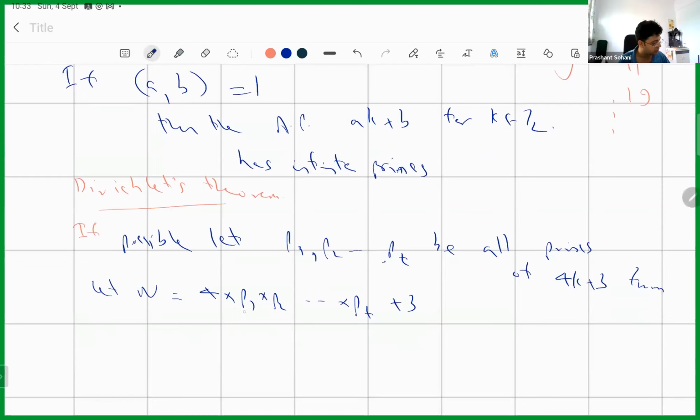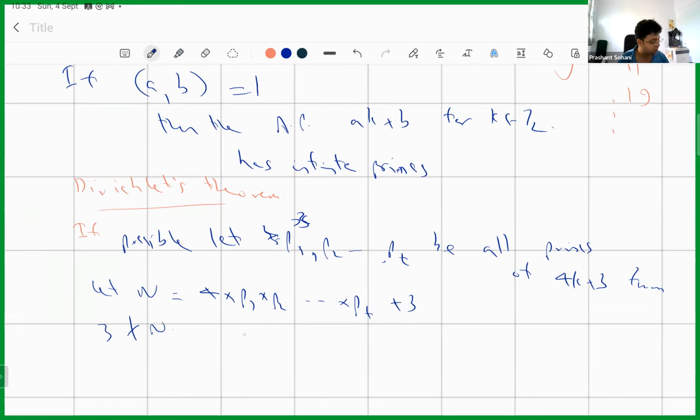But 3 is also one of these numbers, so we can exclude 3. We'll start the list from the primes greater than 3, and 3 we consider as a trivial divisor. Then 3 won't divide this number, and no other prime in the list can divide it either.